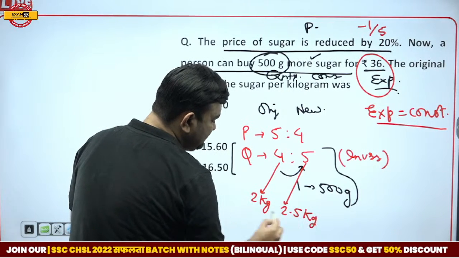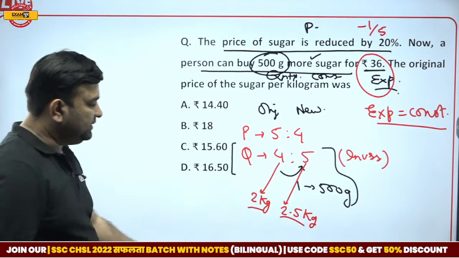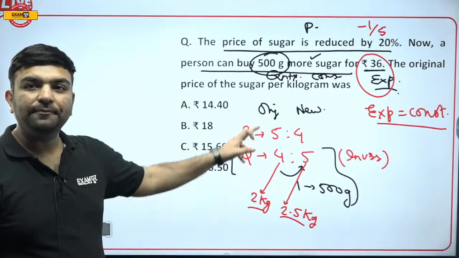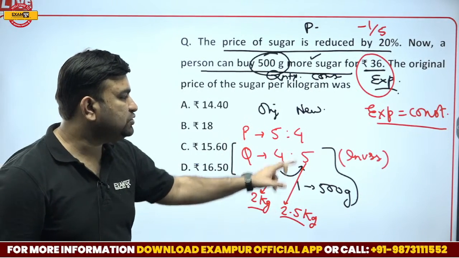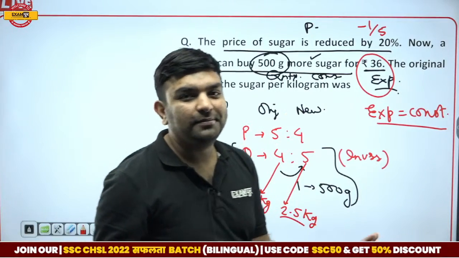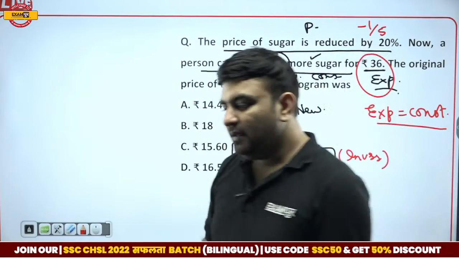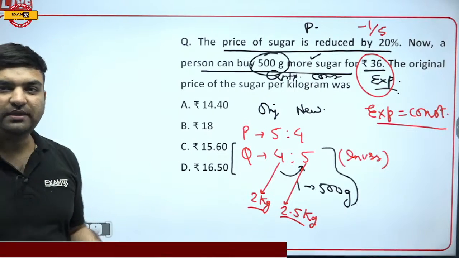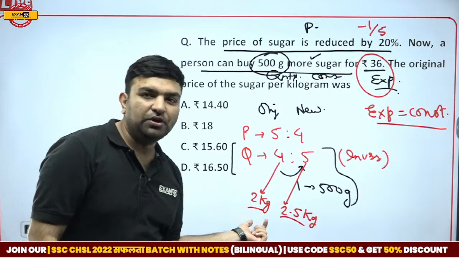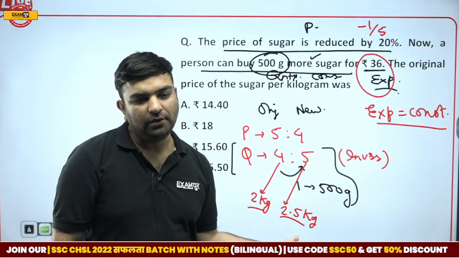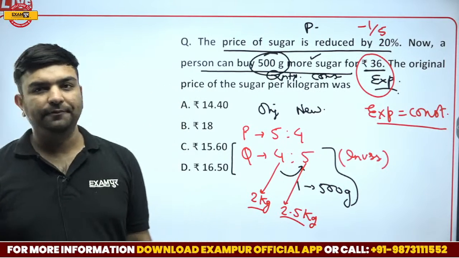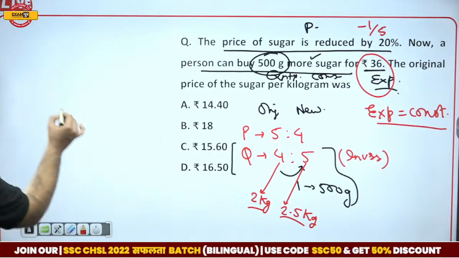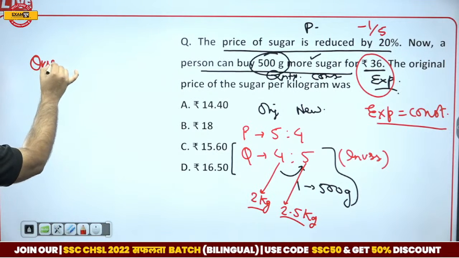What are these 2 kg and 2.5 kg? This 2 kg is the original quantity and this 2.5 kg is the new quantity. So an easier question can be: what is your original quantity and what is your final quantity?